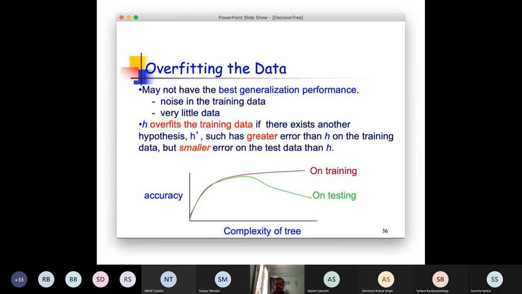Even if it is not consistent, we are trying to get the maximal fit over the training set, and by doing that, if there is noise in the data, or if your data is small compared to the model complexity, because sometimes you can have a very complex model, with that little data you can fit exactly, but that is not actually representing the process by which the data is generated.